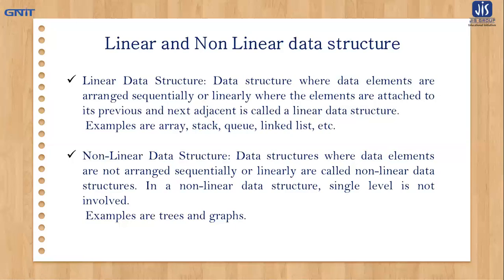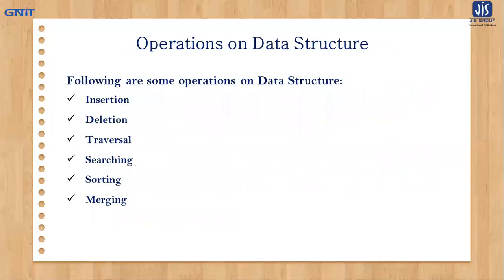So this is a graph, where one element may have more than 2 neighbors. So those kinds of data are called non-linear data structure.